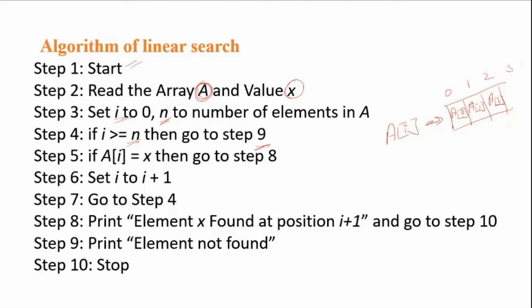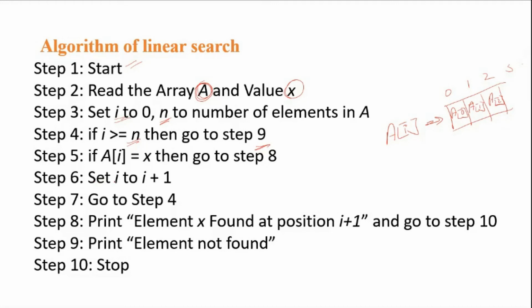If the value x is found within this particular list, then we go to step 8. Step 8 means print element x is found at the position I plus 1 and go to step 10. So the position is actually the location I plus 1, or the index I. If the index is to be represented, then it is I, or if the position or the location is to be represented, then it is I plus 1.